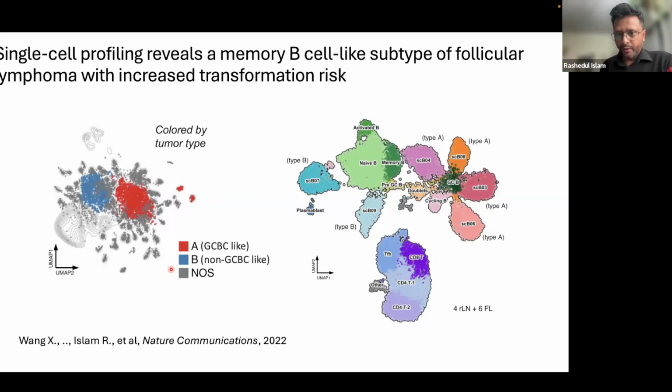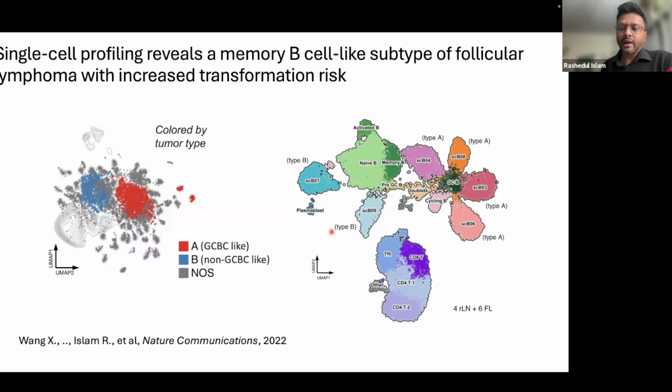We also showed that type B is a more aggressive type of disease compared to type A. So through single cell analysis, we can see that although people have the same disease, they could originate from different cellular subtypes. Some could originate from the germinal center, some could originate from an early stage, such as naive B cells.